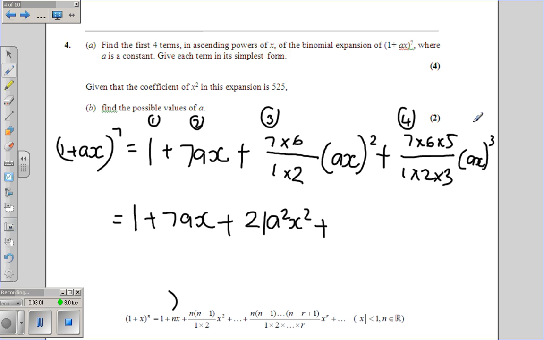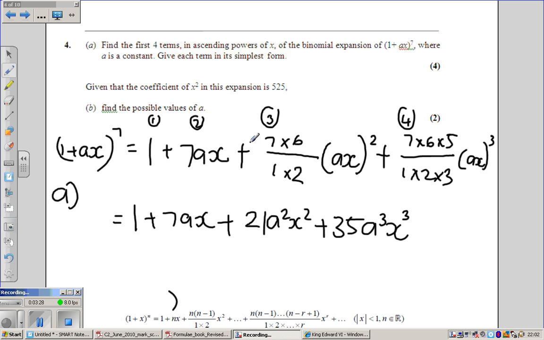If we just type that in on a calculator, that's 42 times 5, which is 210, divided by 1 times 2 times 3, which is 6, so divided by 6 gives us 35. So that big bit here is 35. And you can leave it as ax all cubed, or a cubed, x cubed. So there's your 4 terms there for part A.